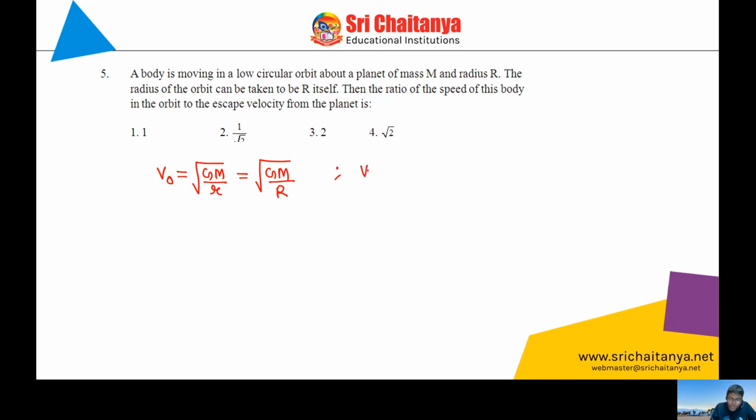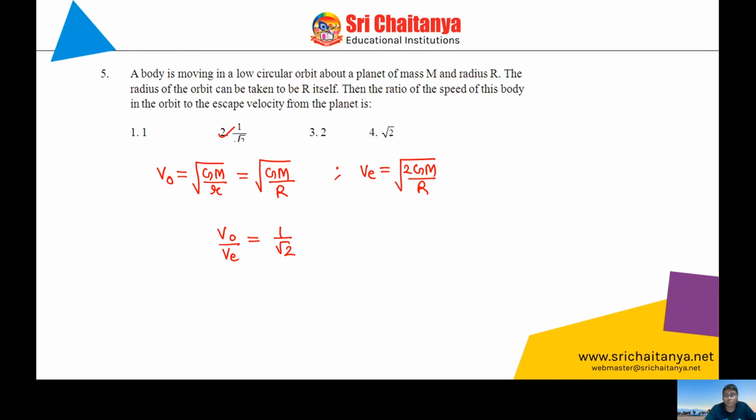And we must also know the escape velocity at the surface of the planet, and this expression is given by root under 2 gm by r. A very simple thing has been asked, that is v naught upon ve, and when you divide, this will be 1 by root 2. So option 2 is correct. So that is question number 5.